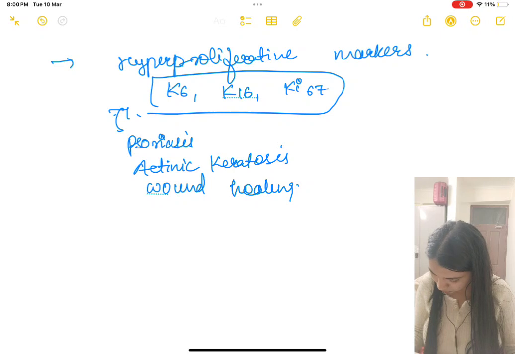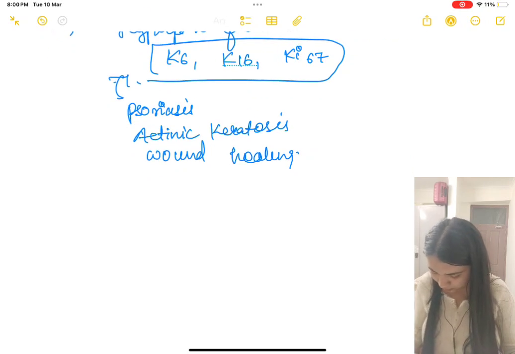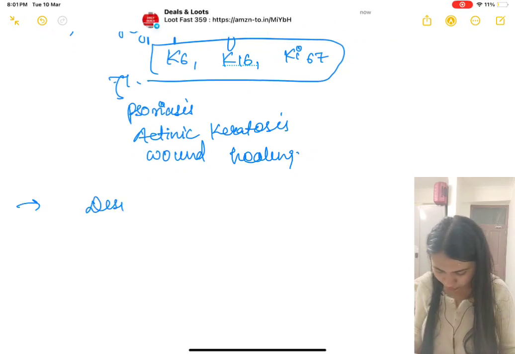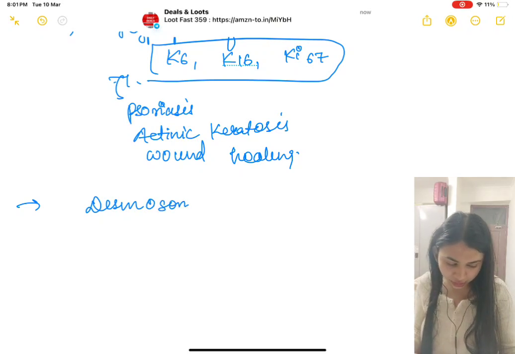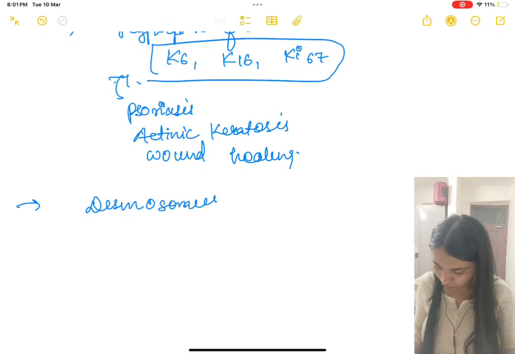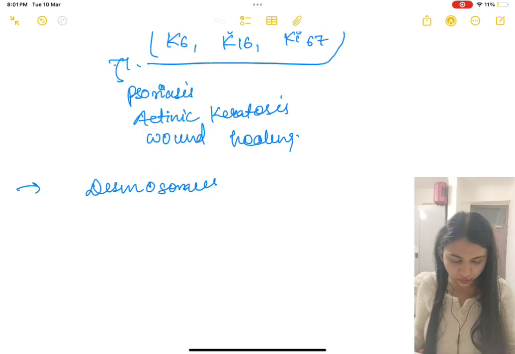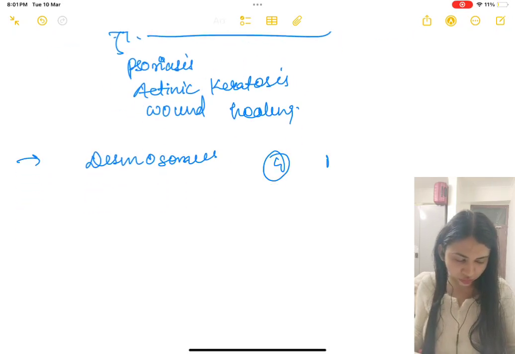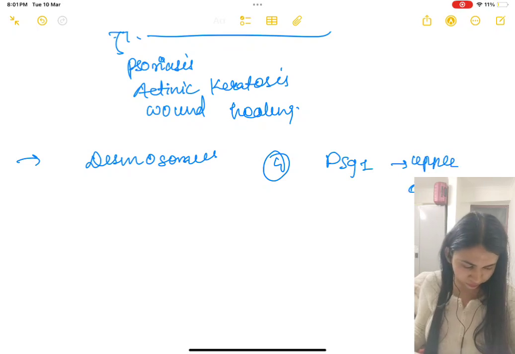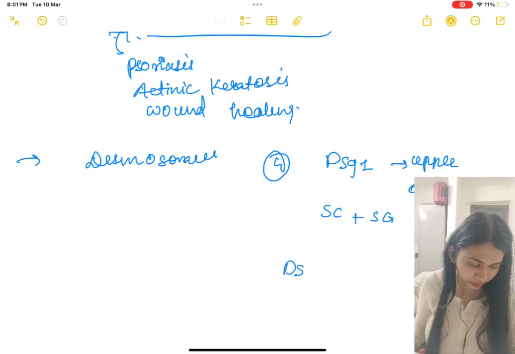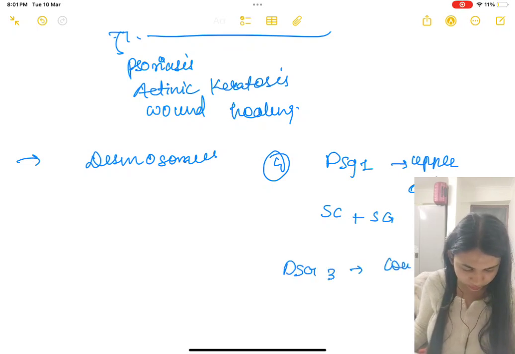And also this layer has desmosomes. Desmosomes are the intercellular connections between the cells which hold the cells together. They are composed of transmembranous desmoglein and desmocollin pairs. Now you just have to remember DSG1, which is present in the upper epidermis, mainly subcorneal, and DSG3, which is present in the lower epidermis, suprabasal.